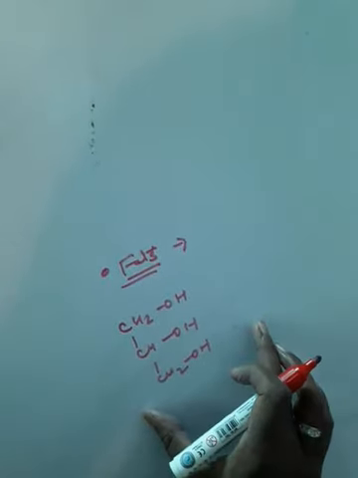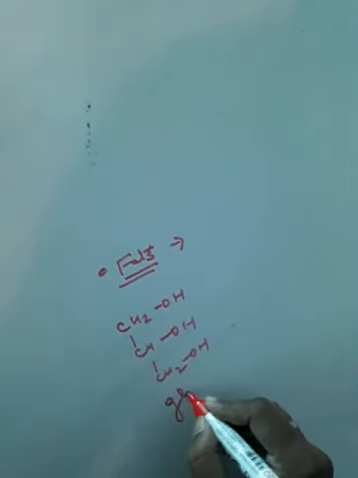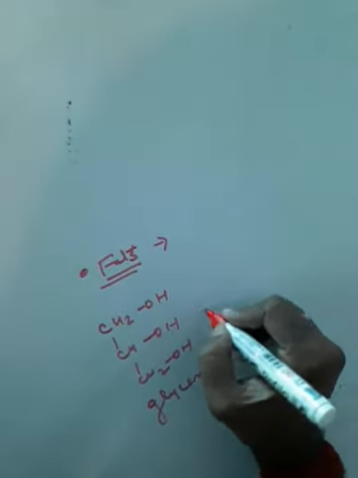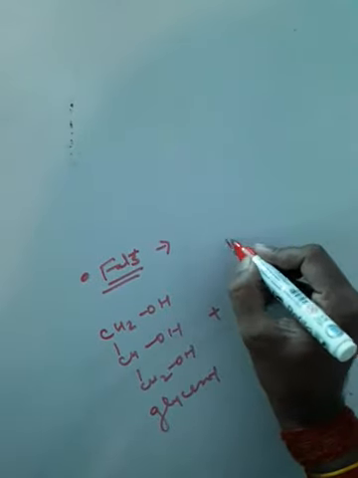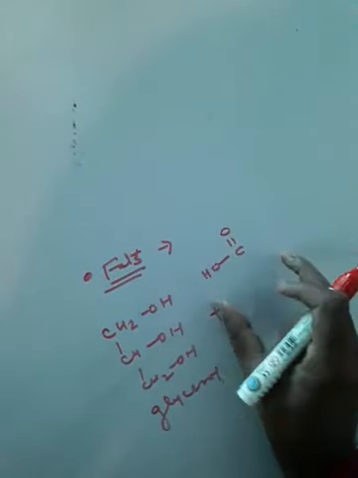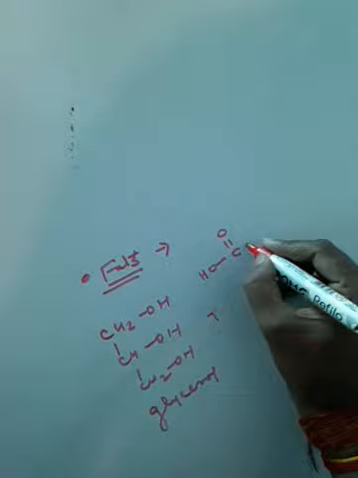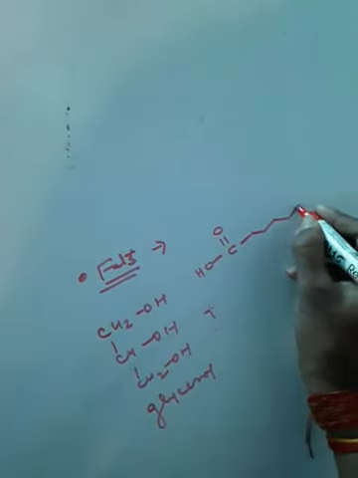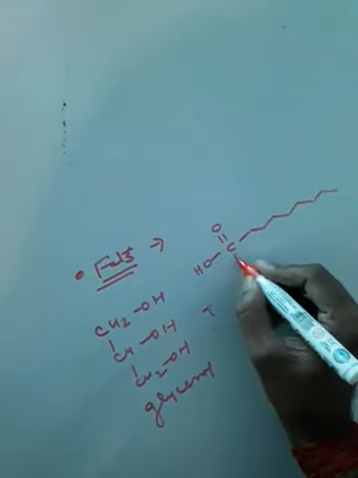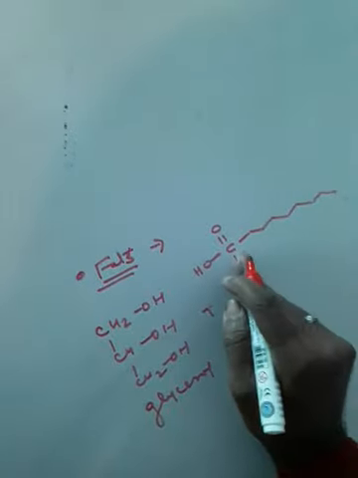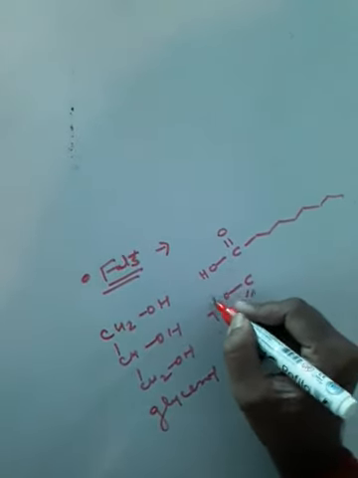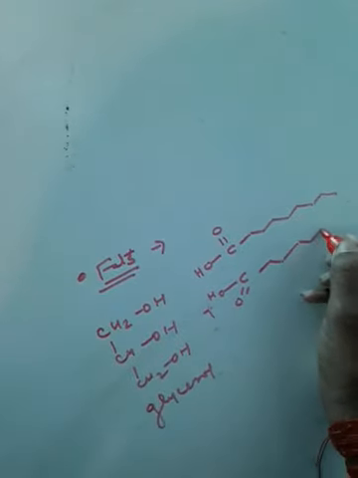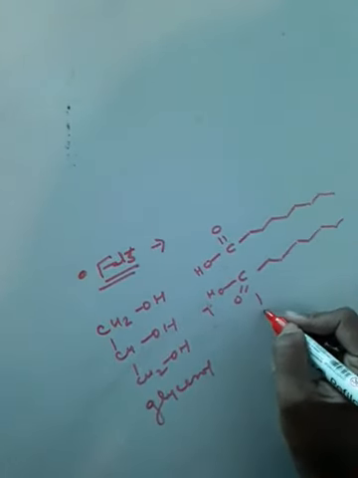This molecule is glycerol. If a reaction is carried out between glycerol and fatty acid, the terminal group will be COOH, and the remaining would be this one. This is 1, this is 2, this is 3.